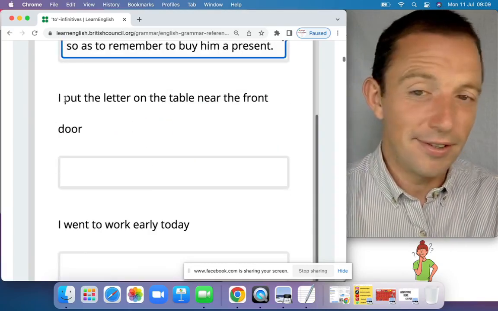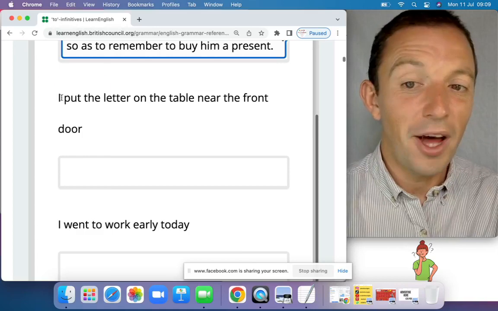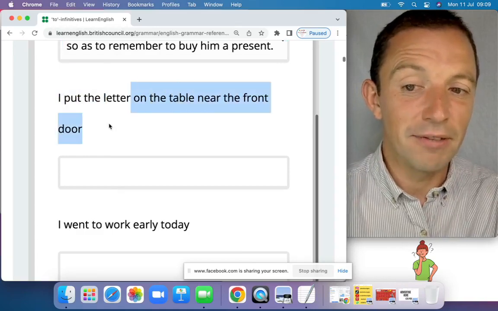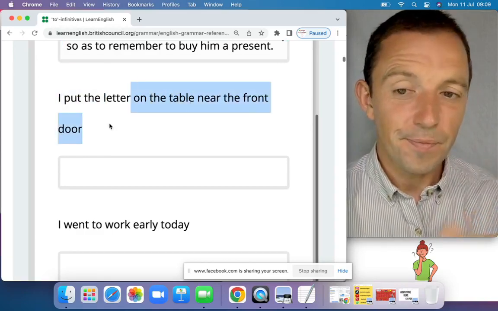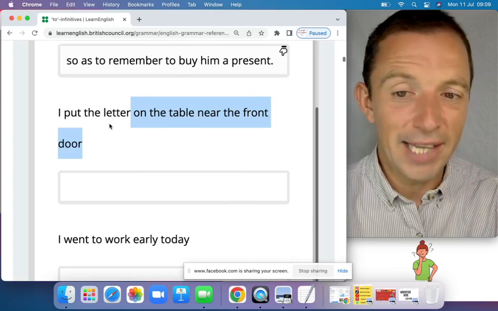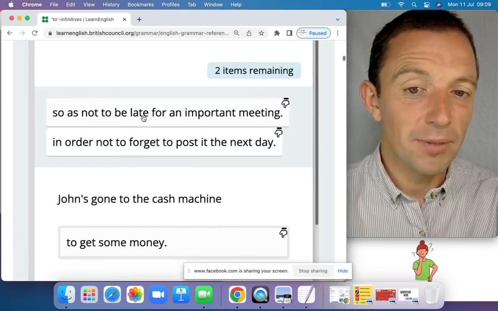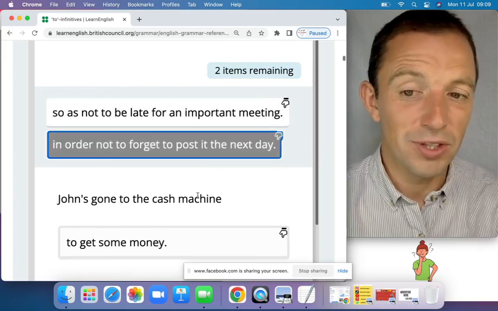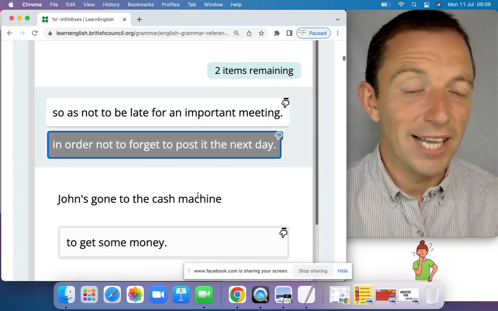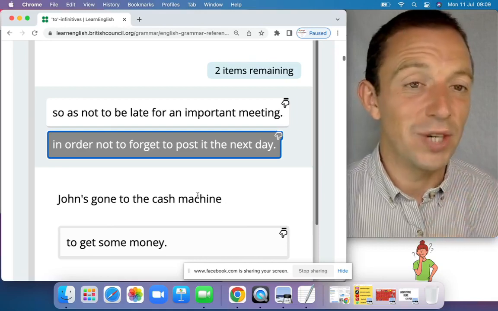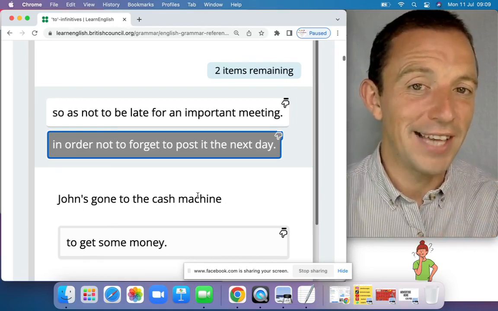The next one. I put the letter on the table near the front door. Why? Why did you do that? I put the letter on the table near the front door in order not to forget to post it. So obviously the context is to post the letter, and this is the reason you put the letter on the table.